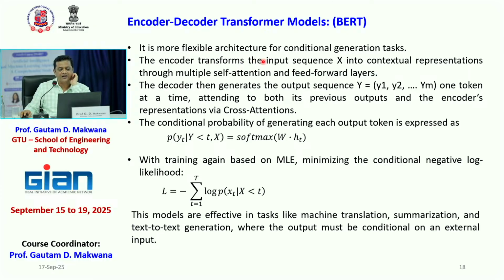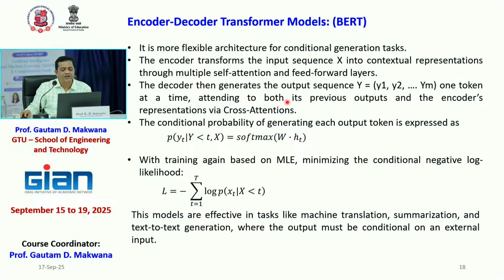It is a more flexible architecture for the conditional generation task. Why do we have the encoder-decoder? The encoder transforms the input sequence X into the contextual representation through multiple self-attention and feed-forward layers, which I discussed last time. MHA, multi-head attention, and then the feed-forward layer is a part of the encoder.